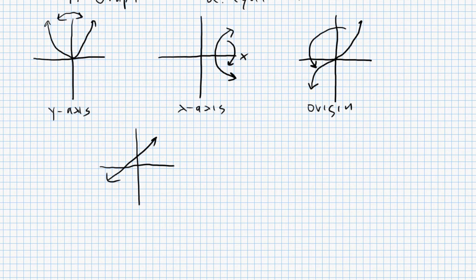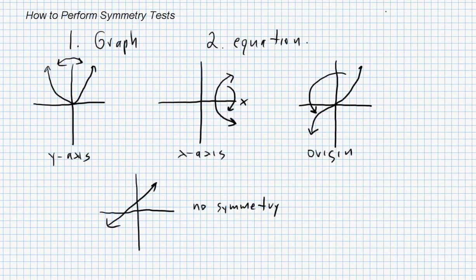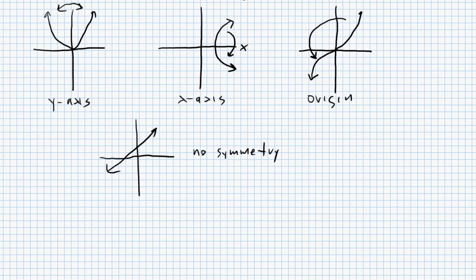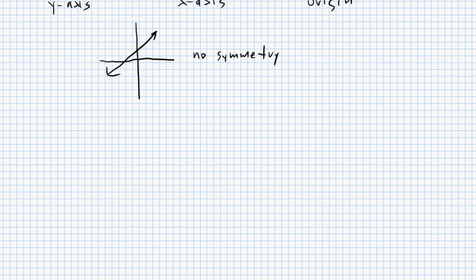It's not symmetrical about either the x or the y, and if we rotate it about the origin, it won't look the same. So we would say that that is a fine example of no symmetry, which is entirely possible. So that's what you would do if you're given a graph and you have to determine what kind of symmetry it is. It's really just a question of looking.